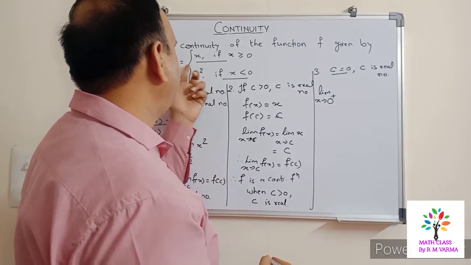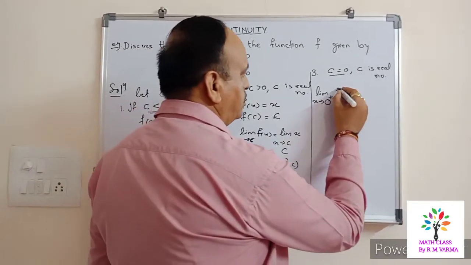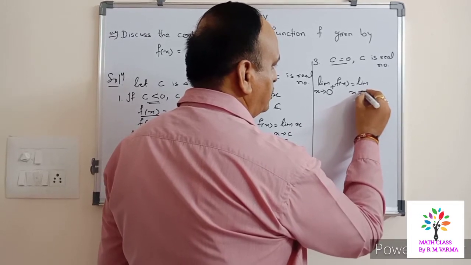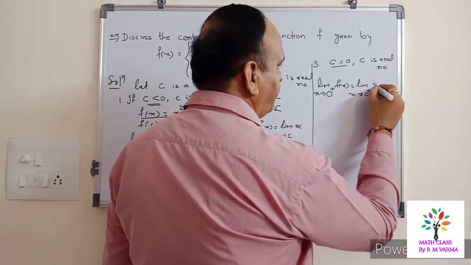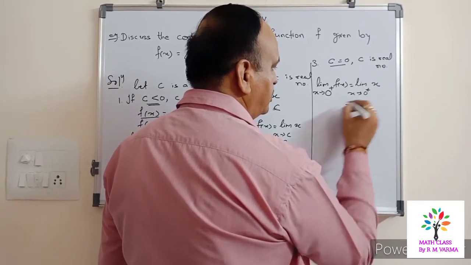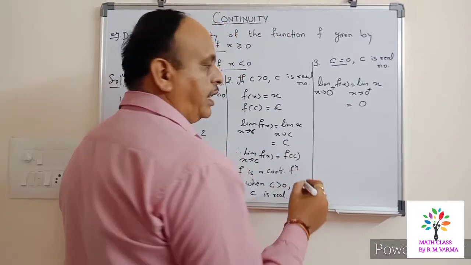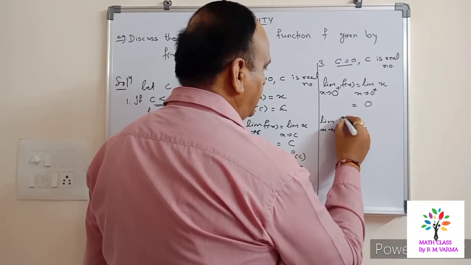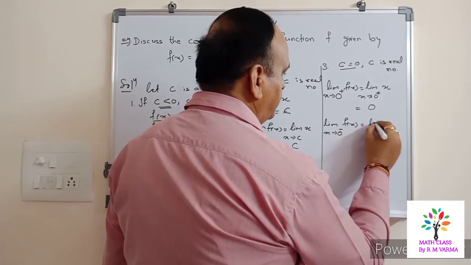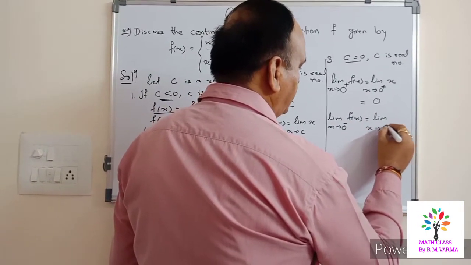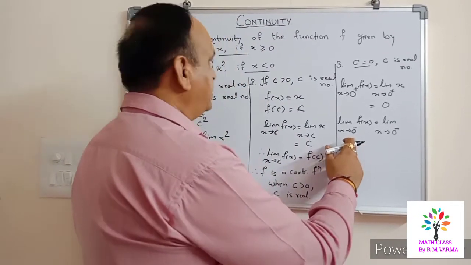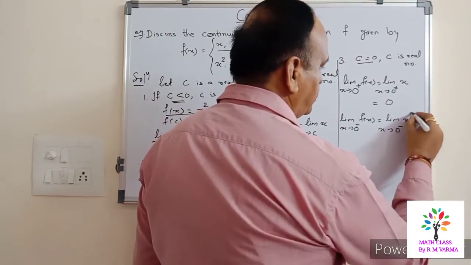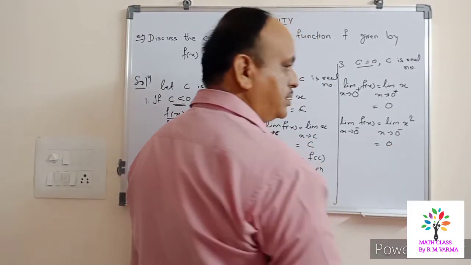So greater than 0 means function is f(x) equals x. So limit x tends to 0 plus, f(x) is x. The value is 0. Now we find the value at 0 minus. Limit x tends to 0 minus, f(x) equals limit x tends to 0 minus. Now 0 minus means less than 0. Less than 0, we have function x square. And when we find the limit, its value is 0.